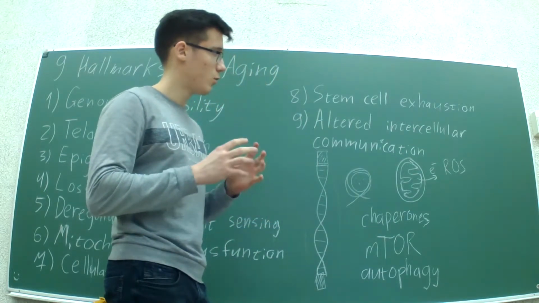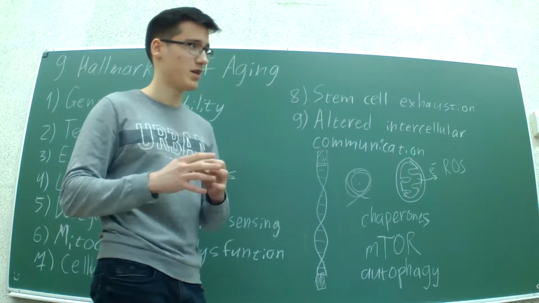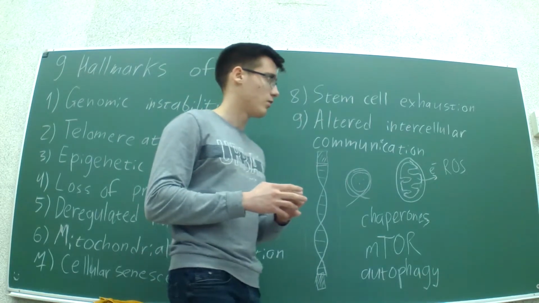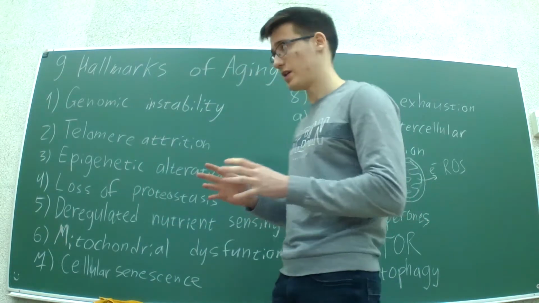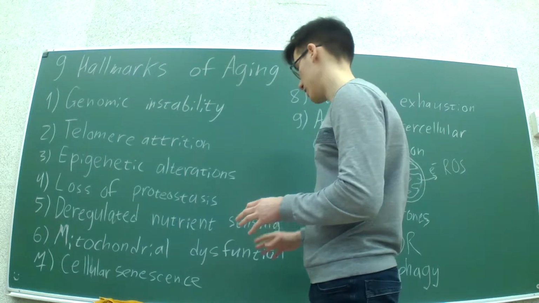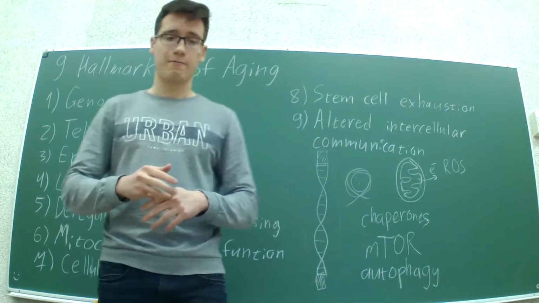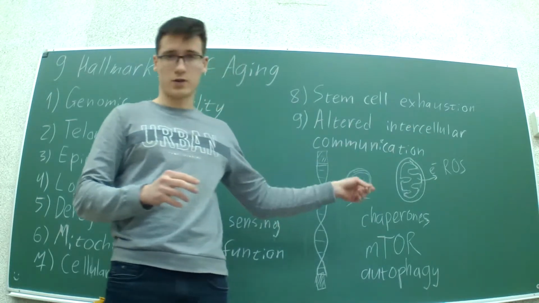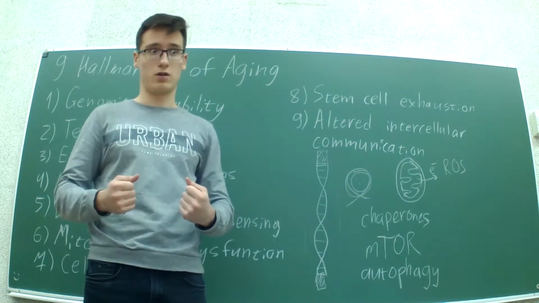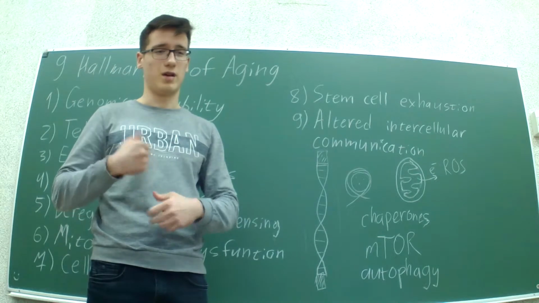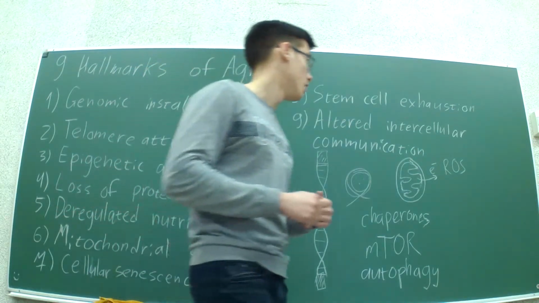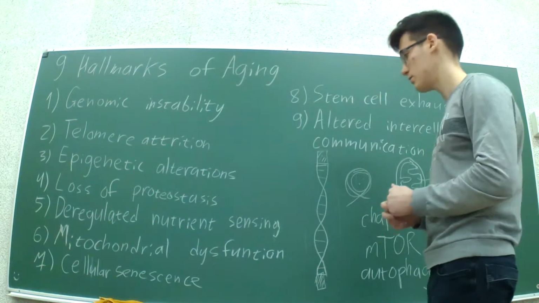But when they are formed in excess, and they are formed in excess when mitochondria start dysfunctioning, the ROS can cause damage to the cells, and so this damage accumulates and we age.